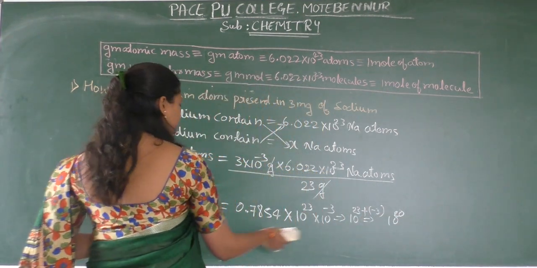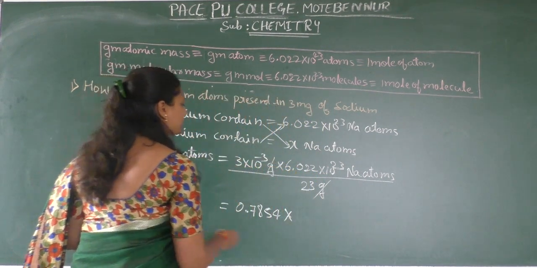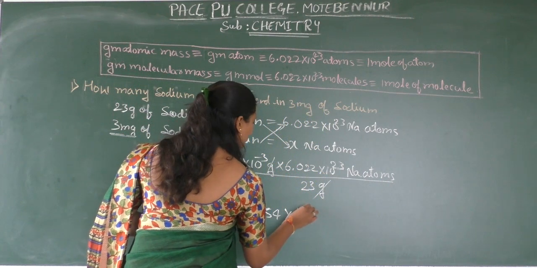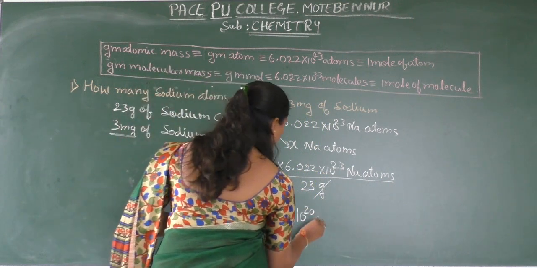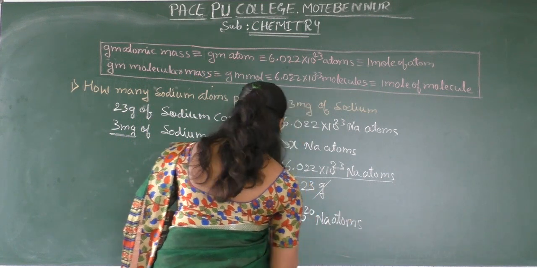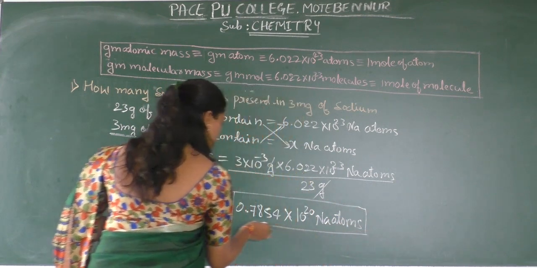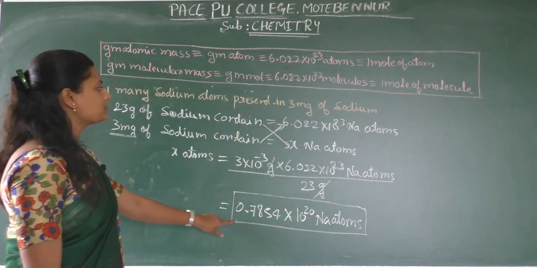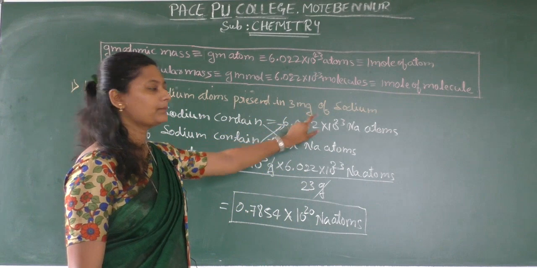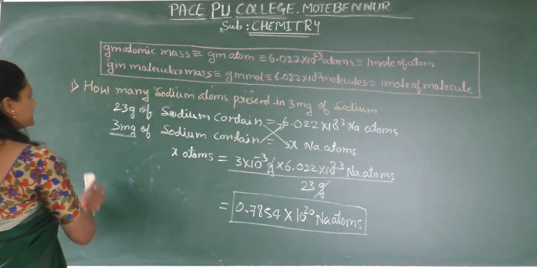Okay, I hope you understood about this one. So here I am going to write directly: 0.7854 into 10 raised to 20 sodium atoms which are present in 3 milligrams of sodium. Okay, so next one.